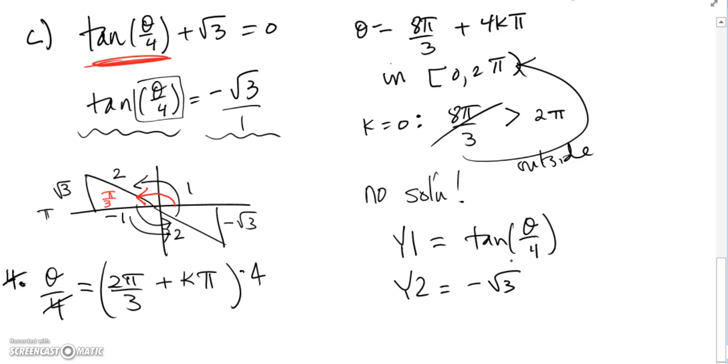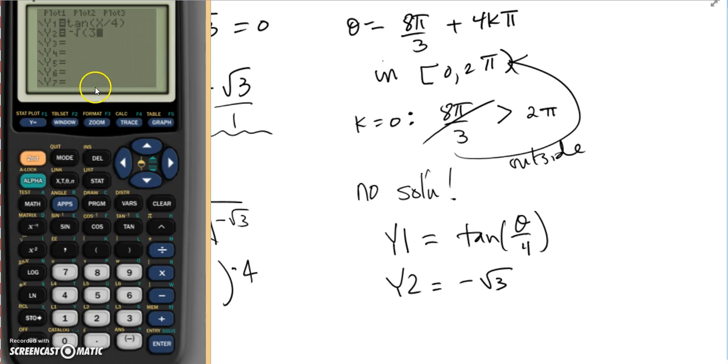Let's quickly look at the graph of this. Into y1, I put tan of x over 4, or theta over 4, and into y2, I put negative root 3. Let's choose the appropriate window. Let's put 0 to 2 pi for our x's or thetas, and then for the y values, let's just put negative 10 to 10.